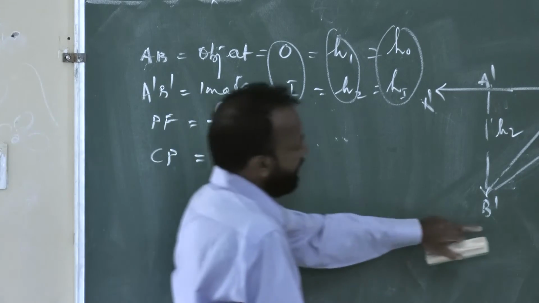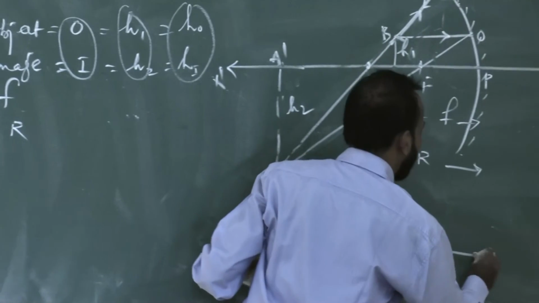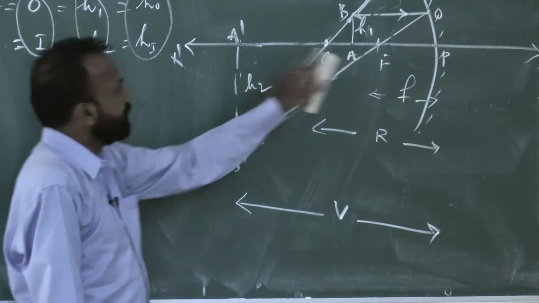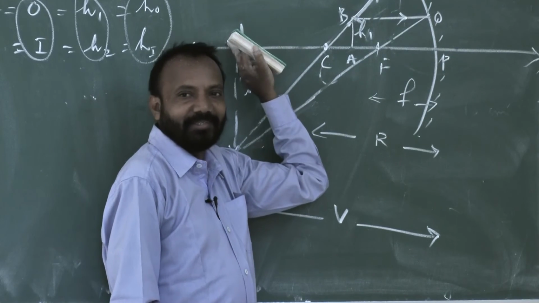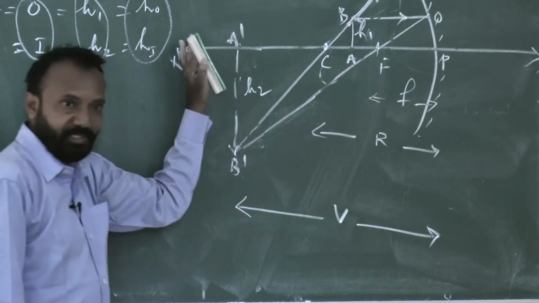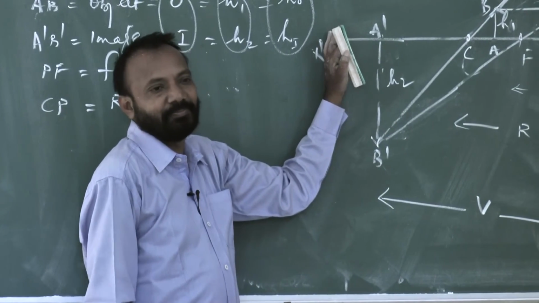Now you see, BDS is the position. If I see the P position, that is A to P, P to A. From the pole of the mirror to the image is called the image distance.